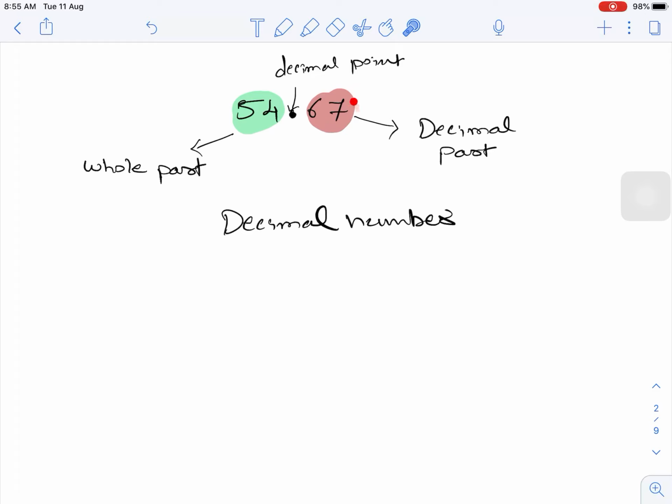Now this decimal number, because of this decimal point, is divided into two parts. One is on the left of decimal, the other one is on the right of decimal. The one to the left of decimal is known as whole part, and the one to the right of decimal is known as decimal part.